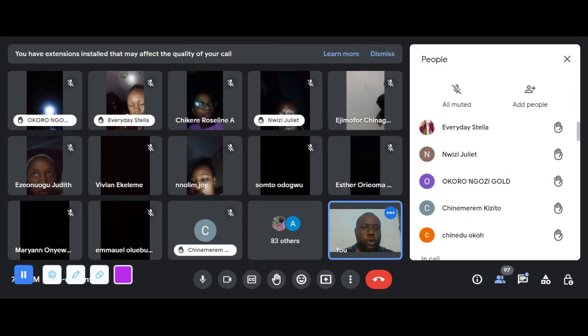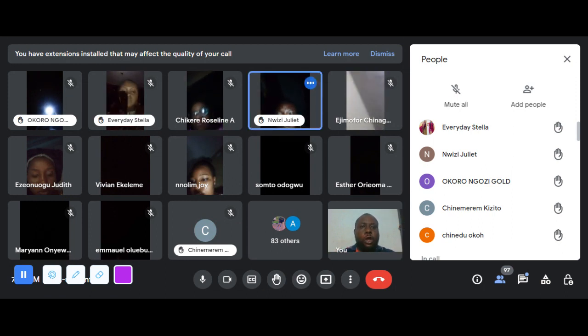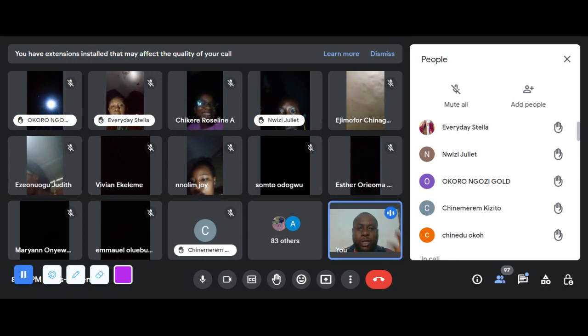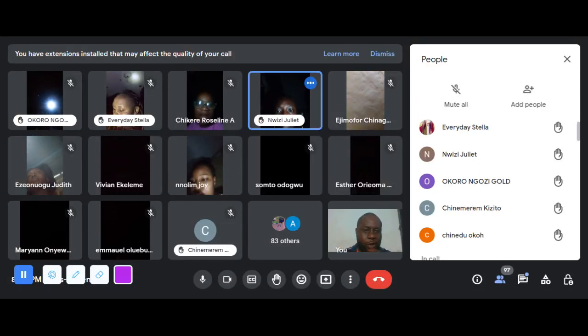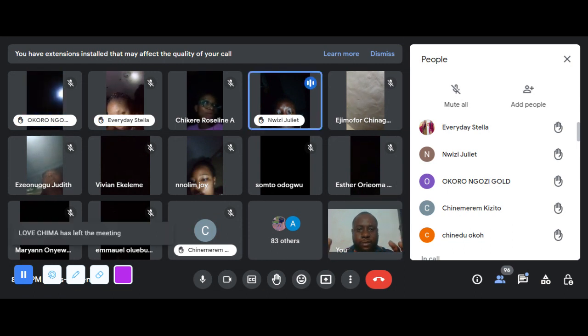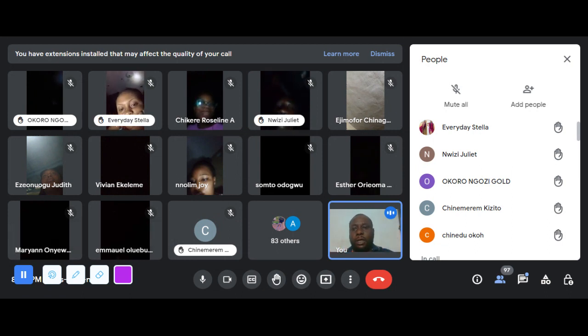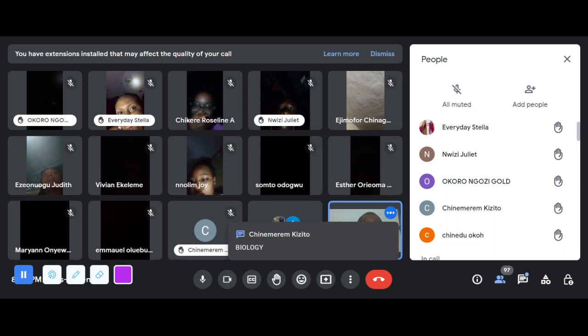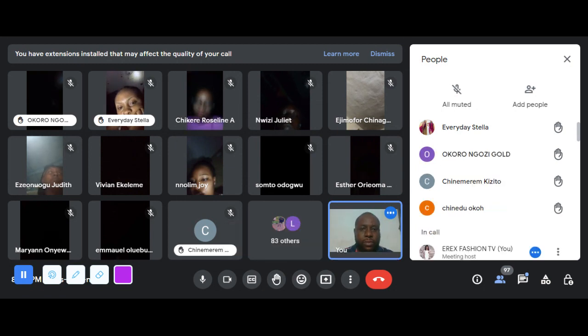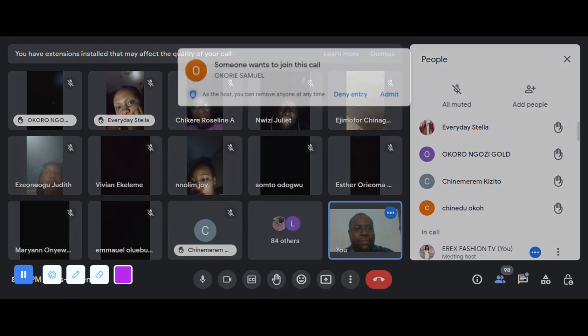Those in biology should type biology. Those in education should just type education. Don't write biology education. Those in biology don't write biological sciences. Biological sciences is not a department, it's a faculty. Just write biology. Wizard, please mute yourself. Your background is noisy. Those in biotechnology, don't type BTG. Type biotechnology together. That's what I explained. If you don't do that, your name will not be in the attendance. Is that clear?